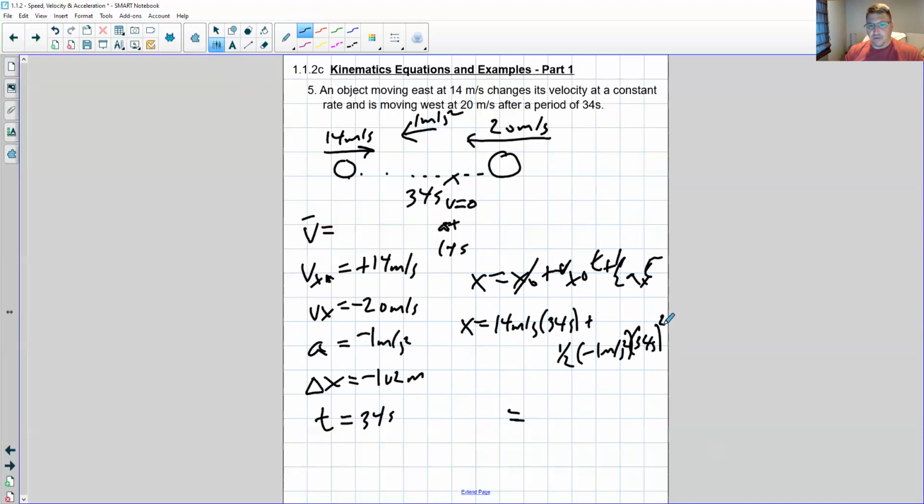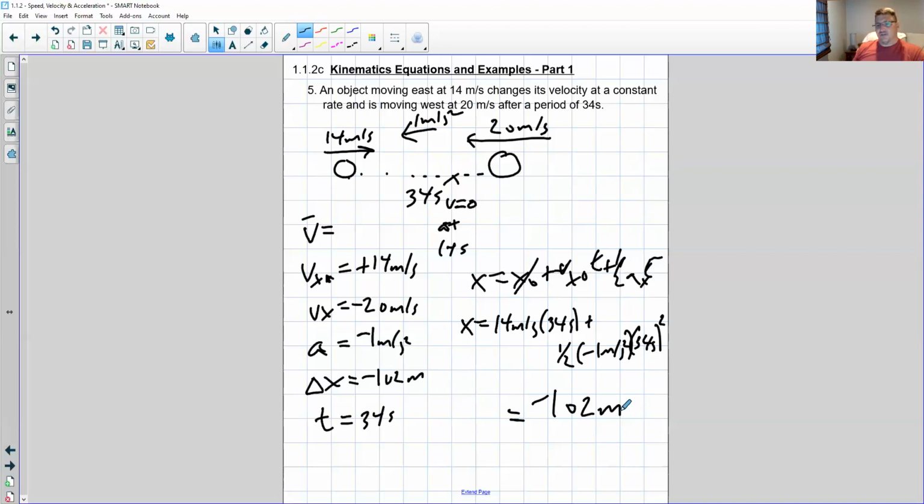Not a whole lot better, but okay. So 14 times 34 is 476 plus 0.5 times negative 1 times 34 squared gives us negative 102 meters.